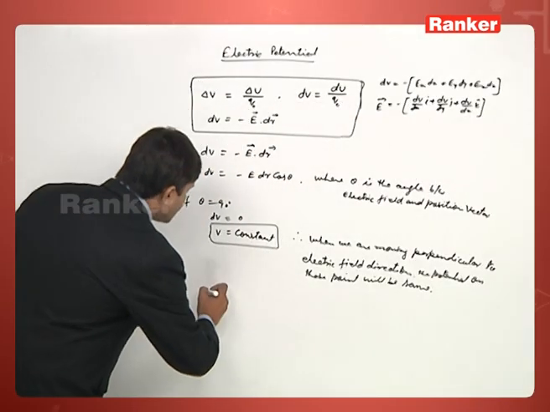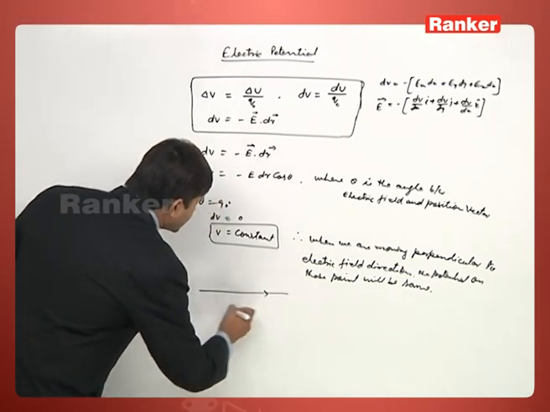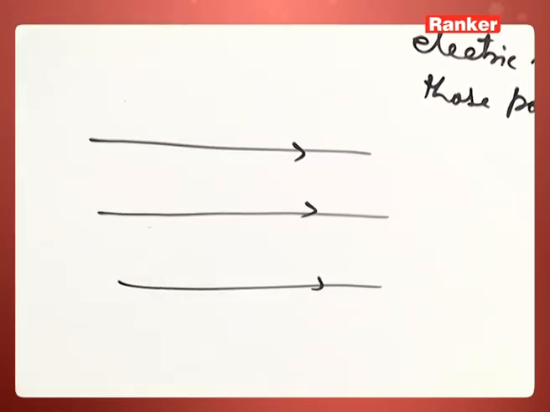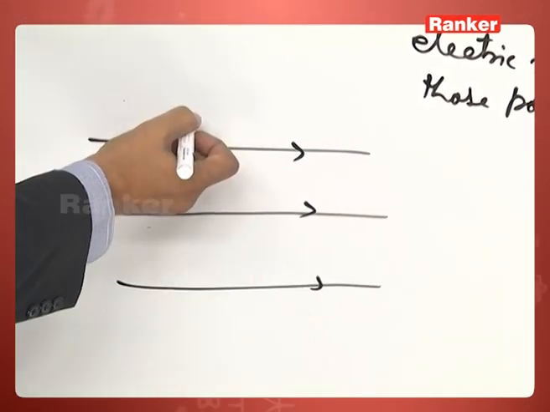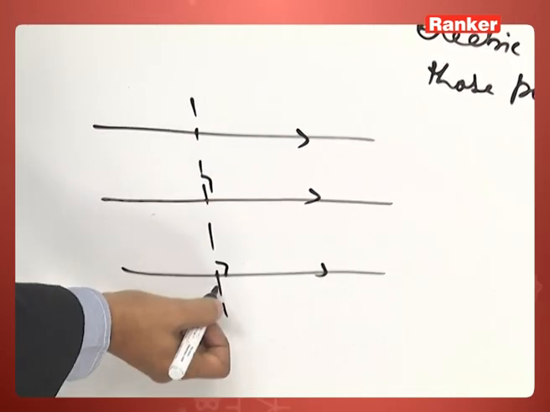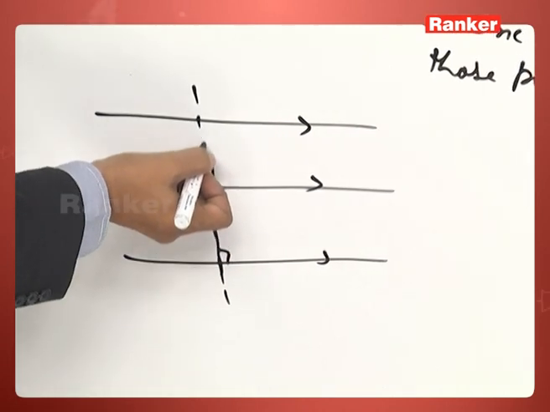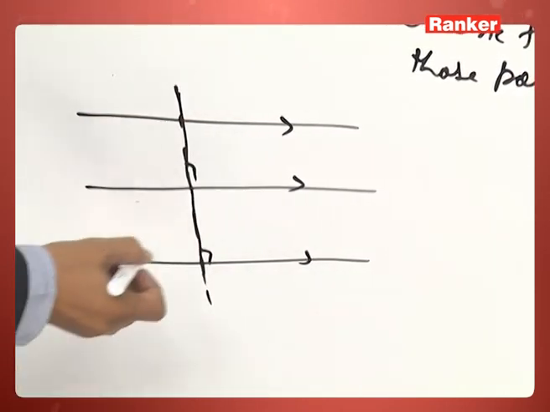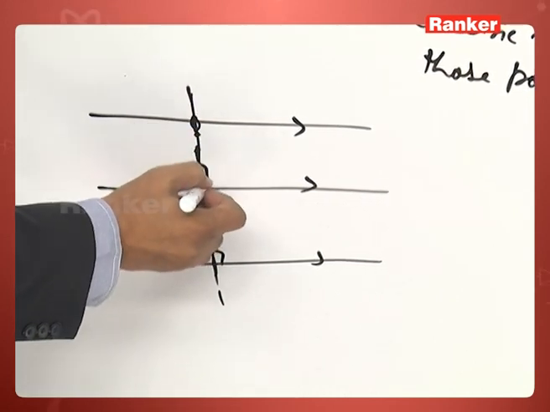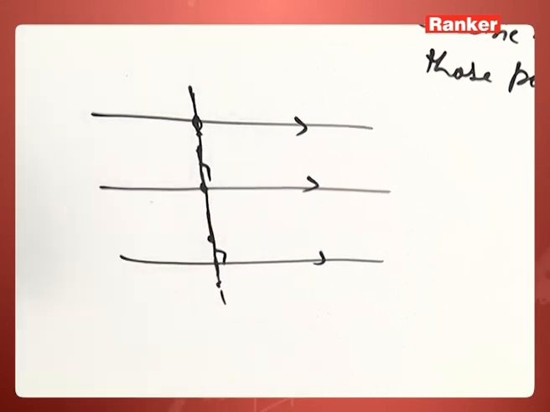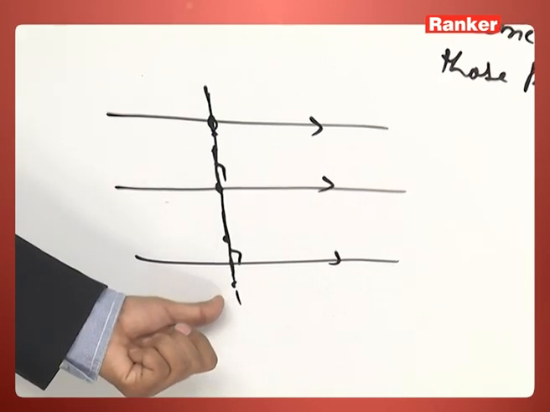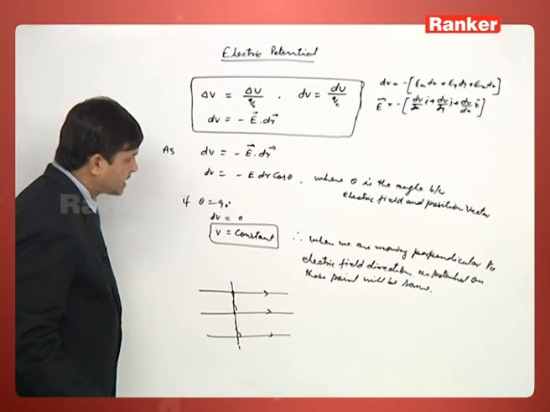It means let electric field be this. If electric field is this, when we are moving perpendicular to this, if this angle here is 90, then when we are moving in this line perpendicular to this, everywhere on this line, either we are talking about this point or this point or this point, all those points which are in this line will be at same potential.